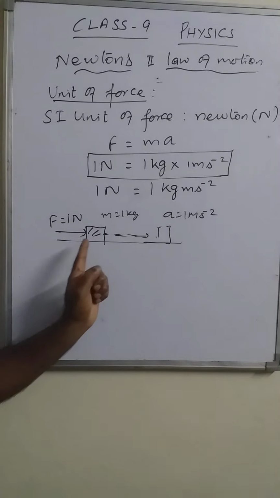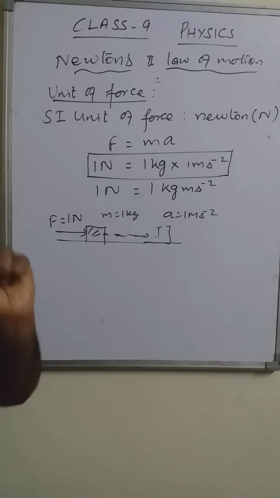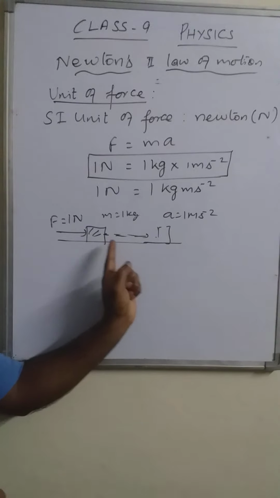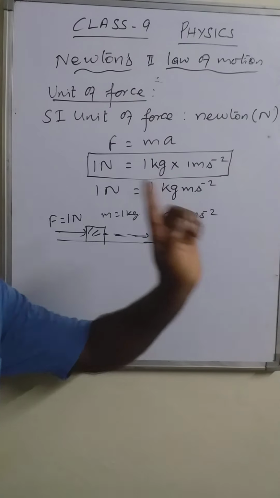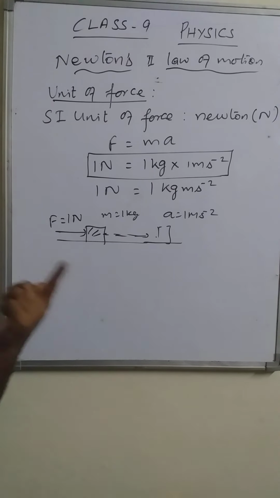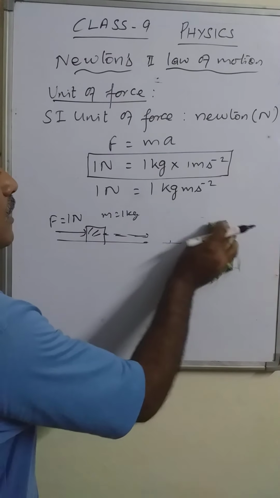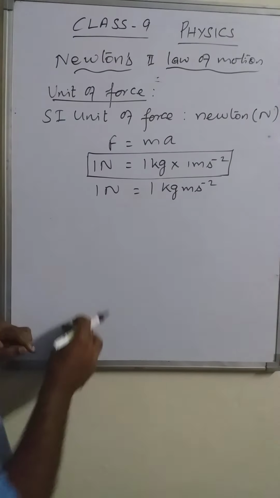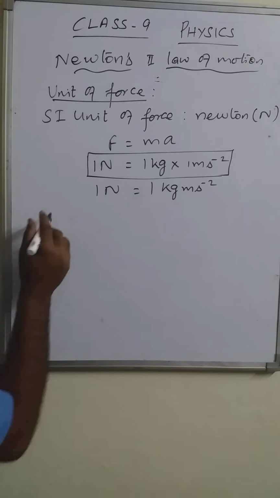The force applied on an object of mass 1 kg produces an acceleration of 1 meter per second square. That is the definition for 1 Newton.